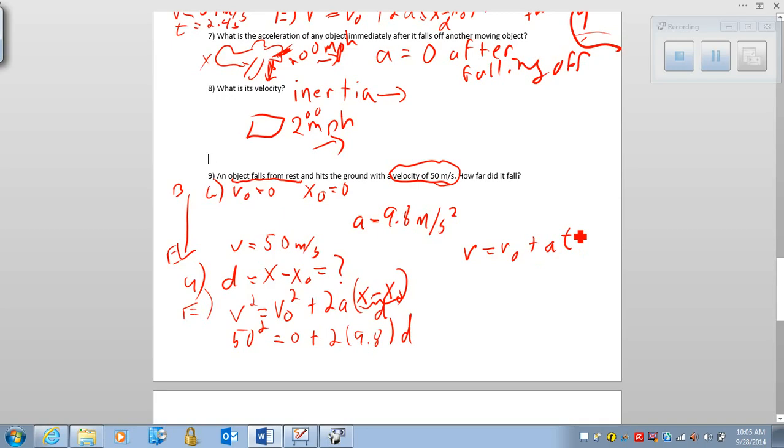What you would have done after you decided that was the equation is check off what you have and what you don't have. V final, yes, you have that. That's here. V initial, yes, you have that. That's here. Acceleration, yes, you have that. It's here. Okay? But then you would come to a point, wait a minute, I don't have time, and I don't have distance, so therefore this is not my equation.